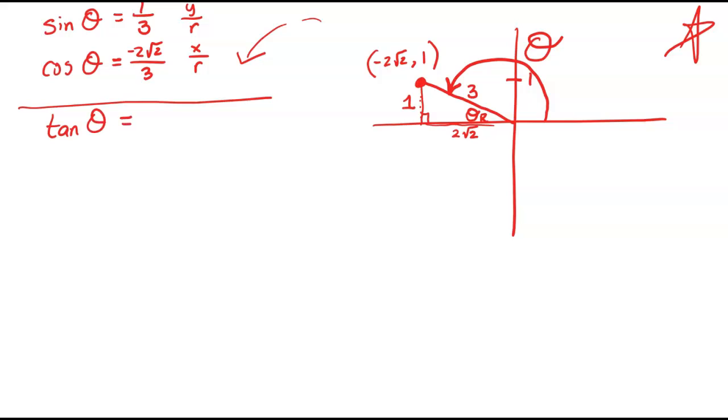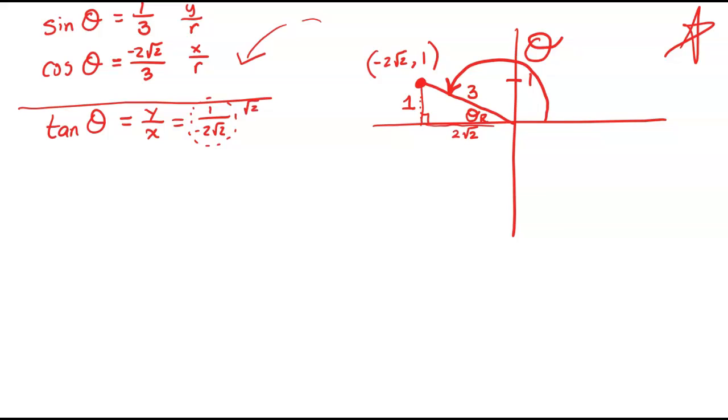Now, once again, I'm not going to use the 3's because I know the 3's cancel out. Or just go straight to the definition. Instead of using tangent of theta as sine over cosine, use y over x. 1 over negative 2 root 2. So that's the intermediate stage that I'm going to use in a minute.